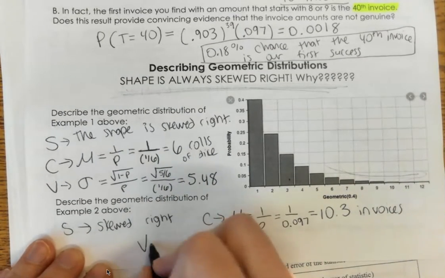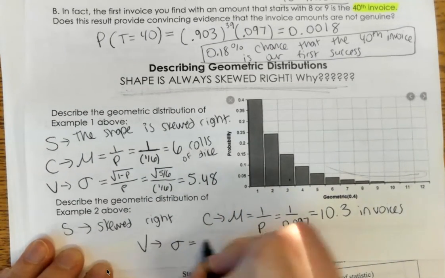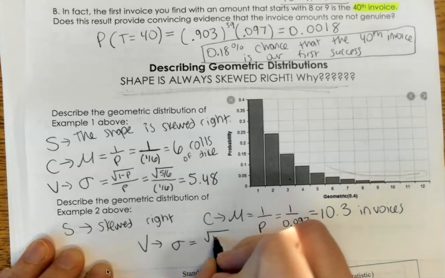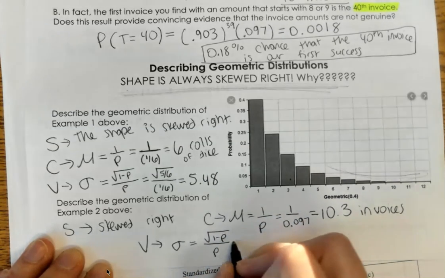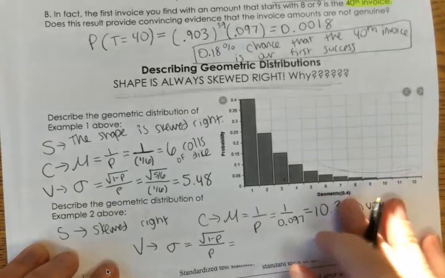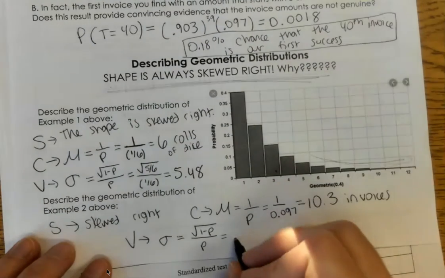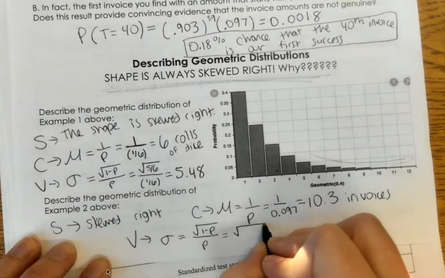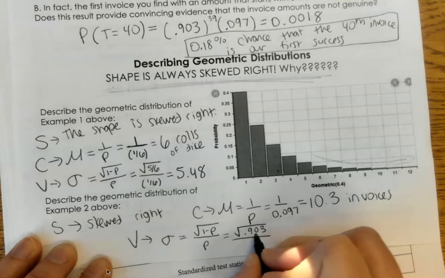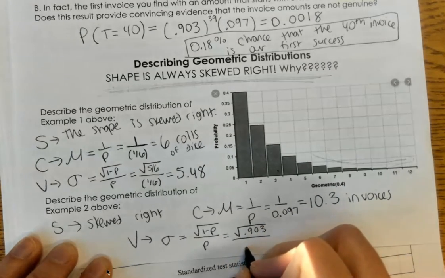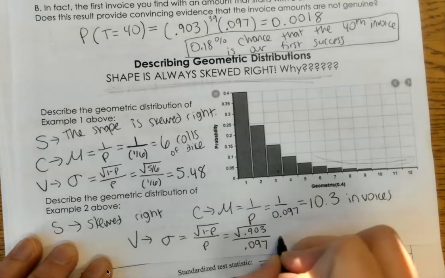This was the only thing that we hadn't calculated yet. So remember, the standard deviation is the square root of the failure probability over the success. All right, so I know that I'm going to do the square root of 0.903 because that was our failure probability, over the success, which was 0.097.